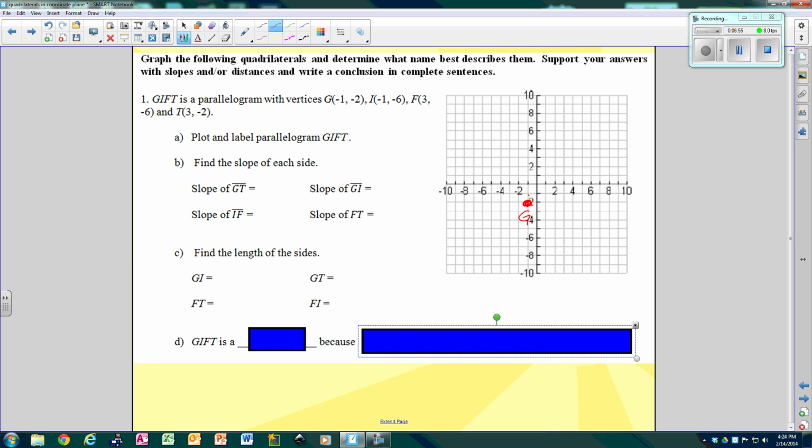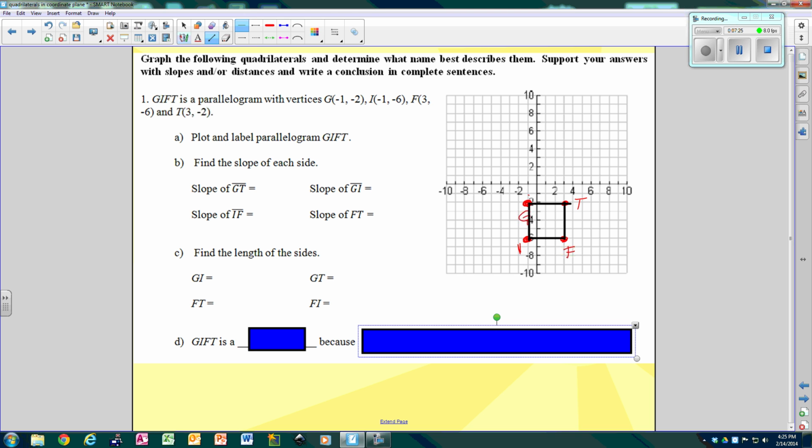So there's point G. I is at -1, -6. F is at 3, -6. And T is at 3, -2. So now connect your dots. So G, I, F, T.